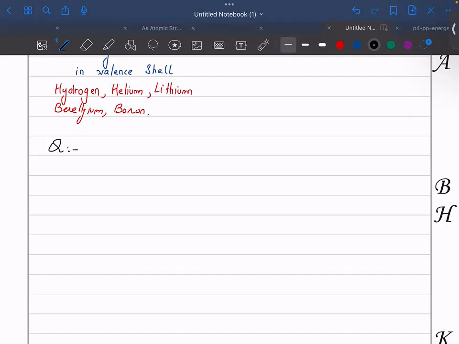तो जो basic है chemical bonding होने का जो reason है, वो क्या है? To achieve stability. ठीक है, and how atoms achieve stability?